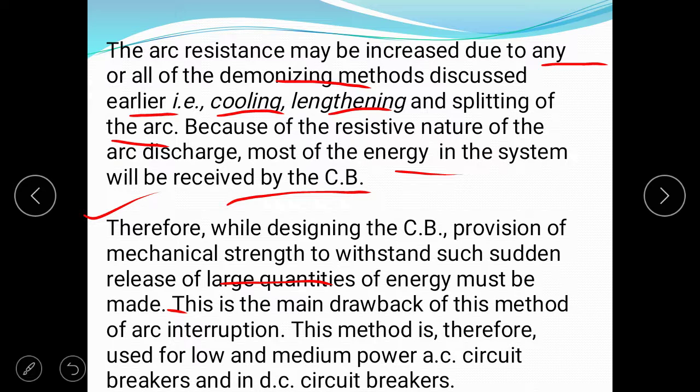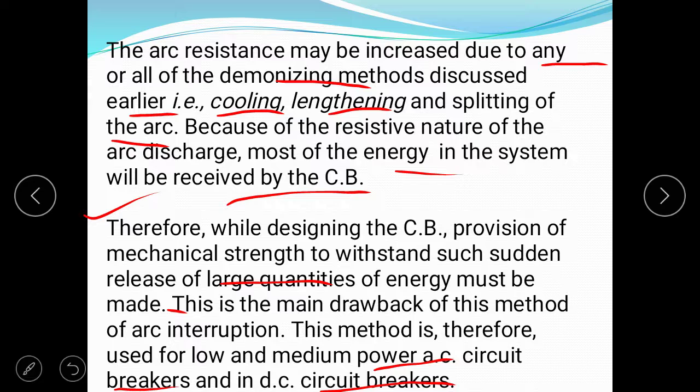So this is the main drawback of this method of arc interruption. So this method is therefore used for low and medium power AC circuit breakers and in DC circuit breakers.